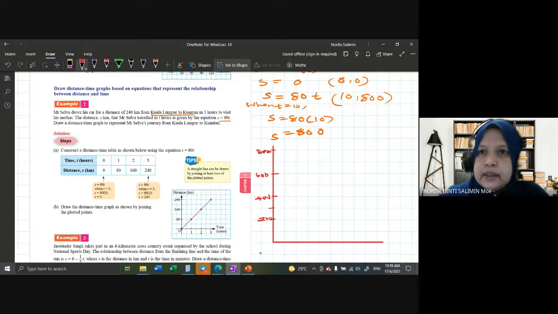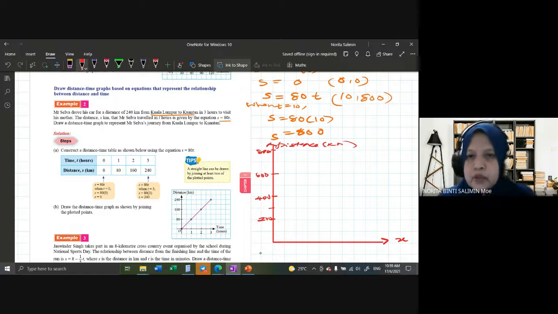And then the x-axis is time; this is distance. Distance in kilometers, time in hours.